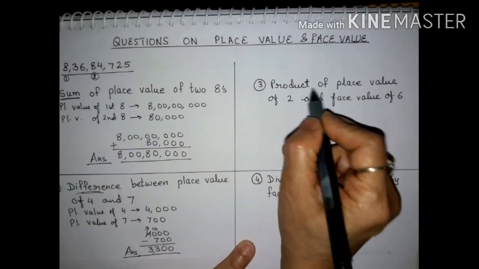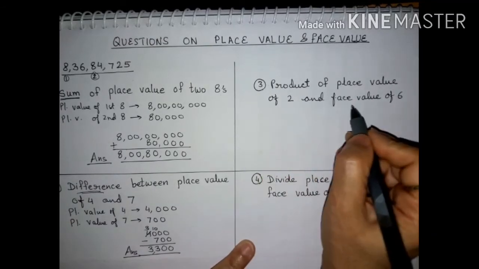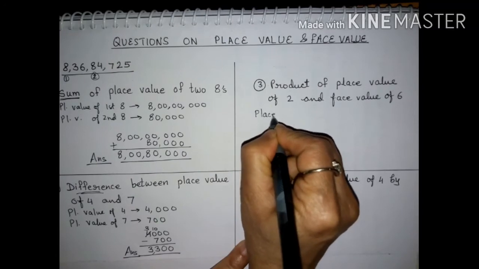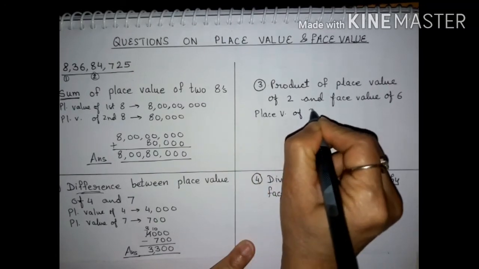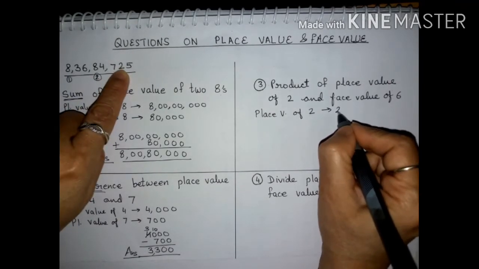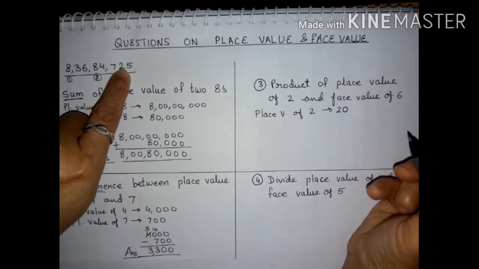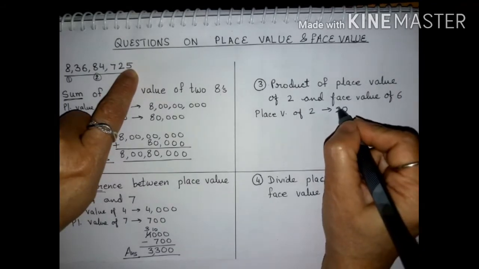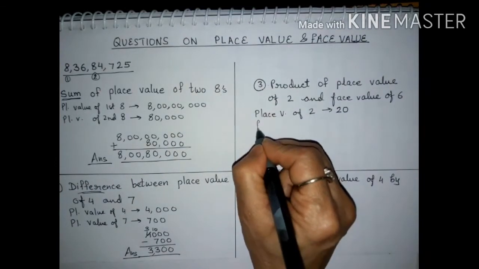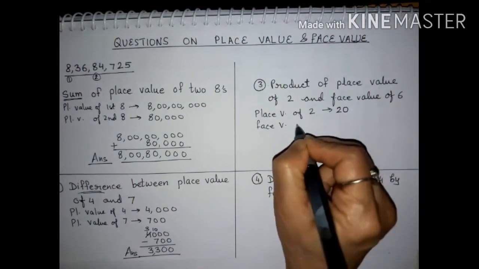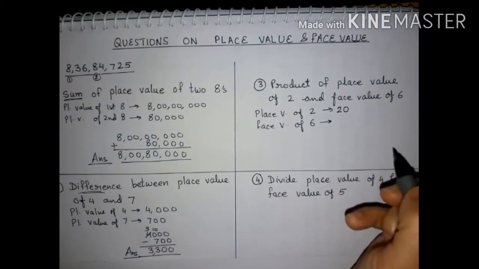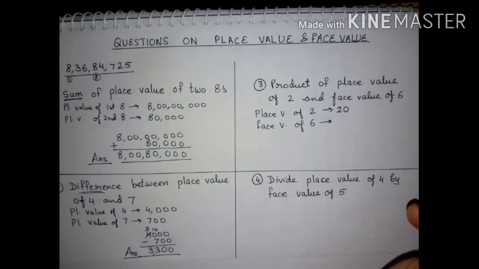Suppose you have to find the product of place value of 2 and face value of 6. So it is place value of 2. Place value of 2 you can see here. Okay, 2 and only one digit on its right. So place value is 20. Then it is saying face value of 6. As I told you, face value refers to the digit itself.